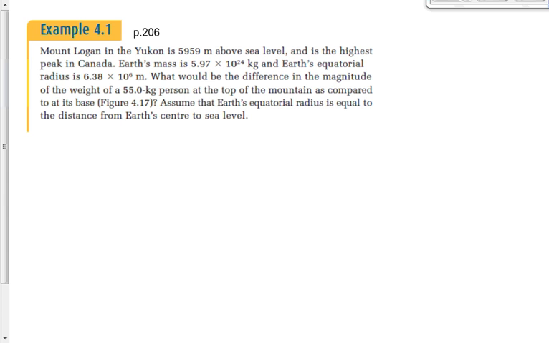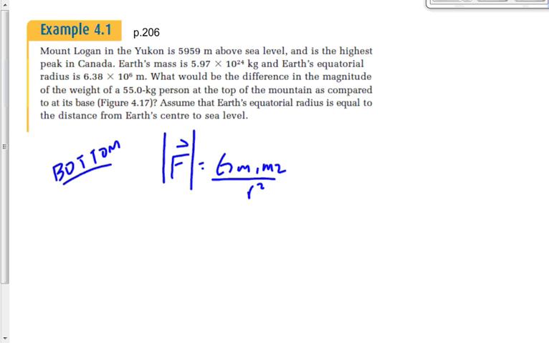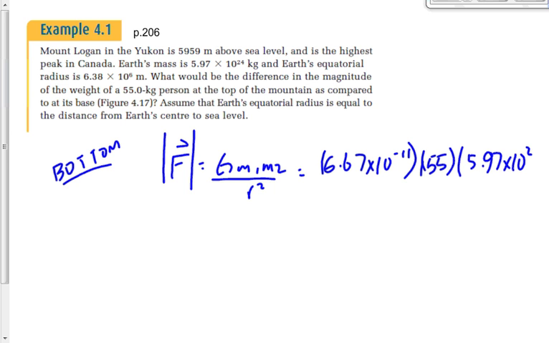Well, let's get the weight at the bottom. I got 6.67 times 10 to the minus 11 times 55 kilograms times 5.97 times 10 to the 24. Hey, what if I had to change the order of those? What if I had to make the Earth first and then you? Doesn't matter. What's 1 times 2? 2.